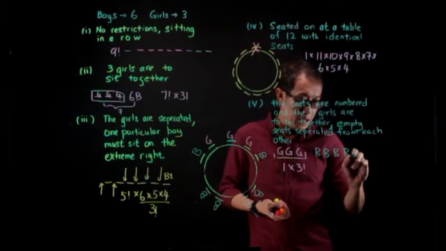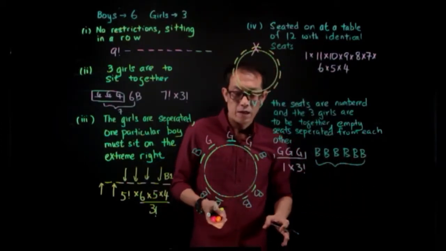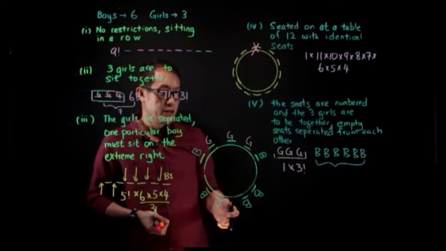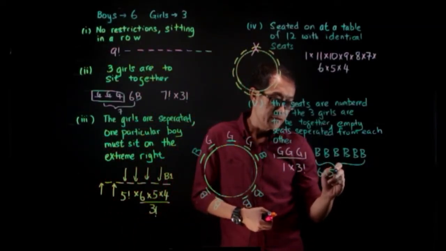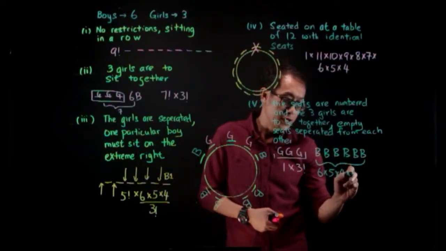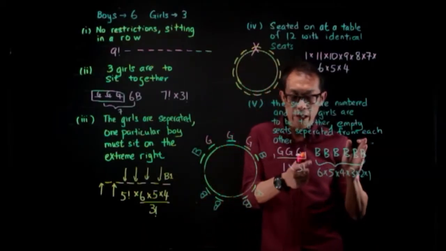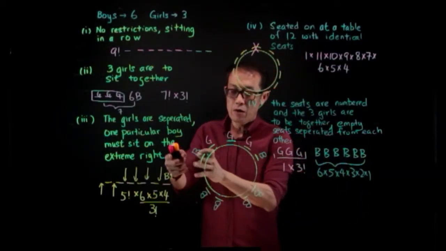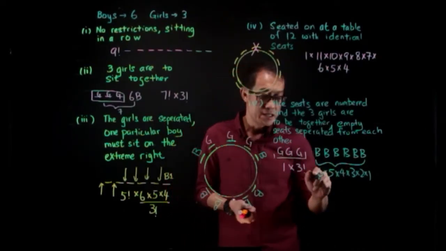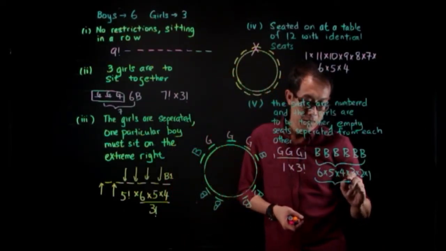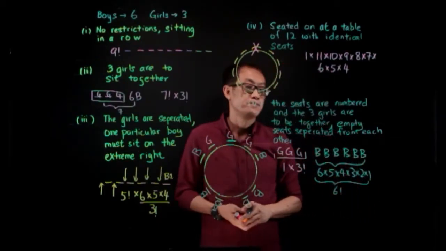Now, how many choices does the first boy have? 6, followed by 5, the next one is 5 followed by 4, followed by 3, followed by 2, followed by 1. Or you can put it as how many permutations there are once you put in the boys. There are 6 factorial, so you multiply by 6 factorial.